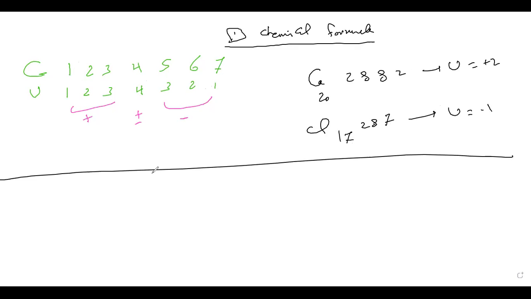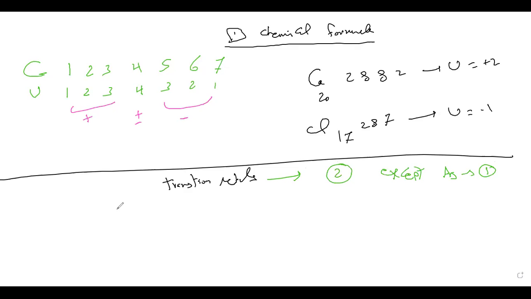And then for transition metals, we said that they have more than one valency. So how can we know the valency of transition metals? All transition metals have common valency 2, except silver, valency 1.